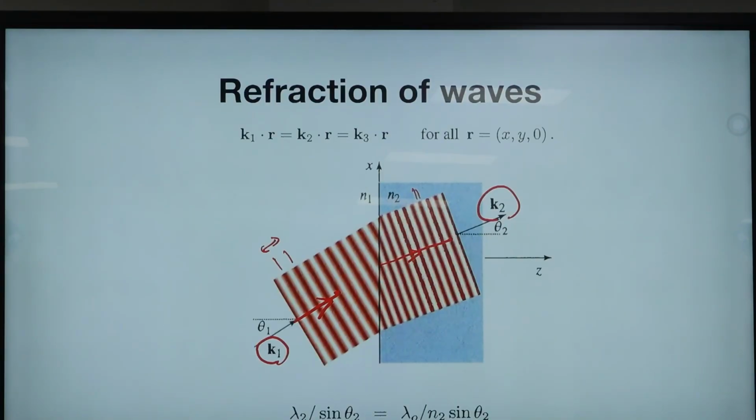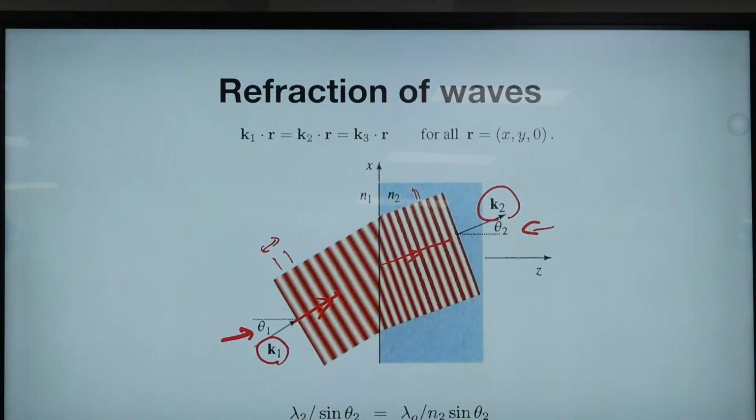This is equivalent to saying lambda 2 by sine theta 2 equals lambda 1 by sine theta 1. And this is the equivalent of Snell's law in the wave picture. I didn't say it quite right, but you get what I'm talking about. This is the angle theta 1, and this is the angle theta 2.